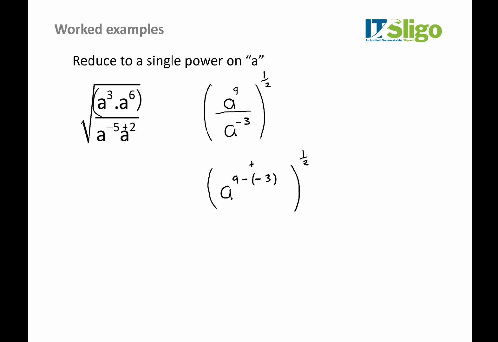This is double negative, so this will become a plus. So we'll have 9 plus 3. We have A to the power of 12, all to the power of a half. Using rule 5, we multiply, and we get A to the power of 6. So that's the first one done. On Moodle, guys, I think it'll usually just ask you to enter the power on A, so in that case you would just enter in 6.